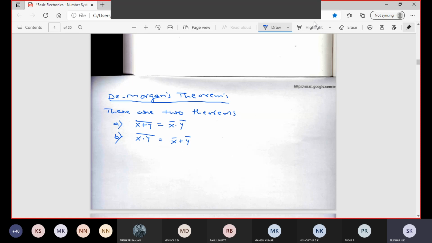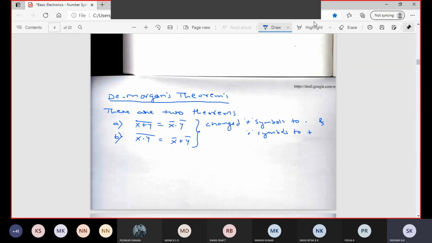What I have done in these two, please understand carefully. In these two theorems, De Morgan is a scientist who has found out this formula. What they have done here is, if you observe properly, they have changed plus symbols to dot and dot symbols to plus. Correct?